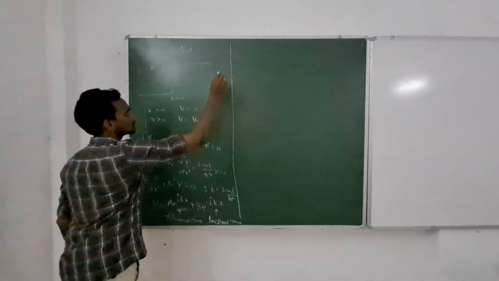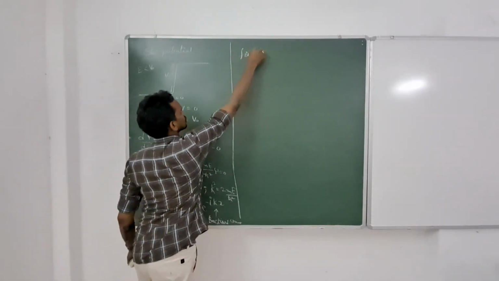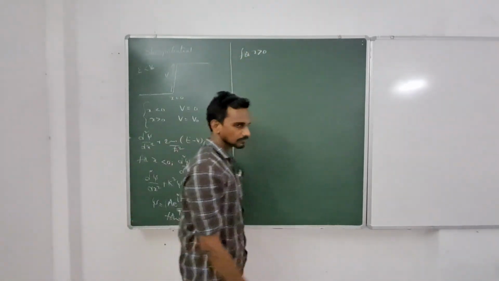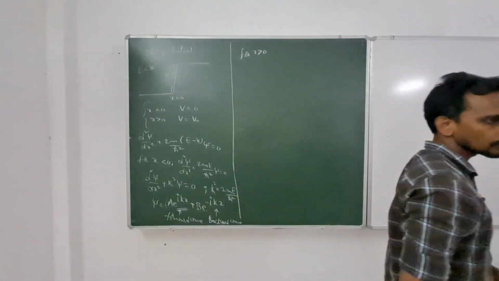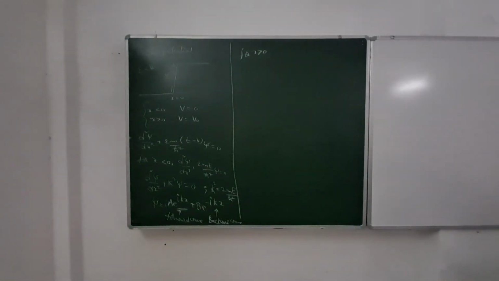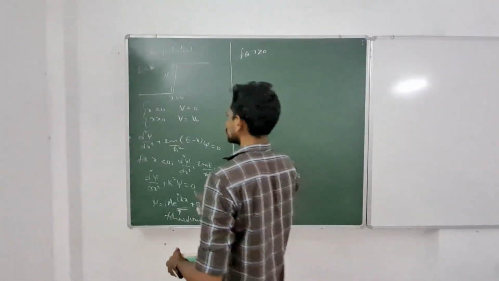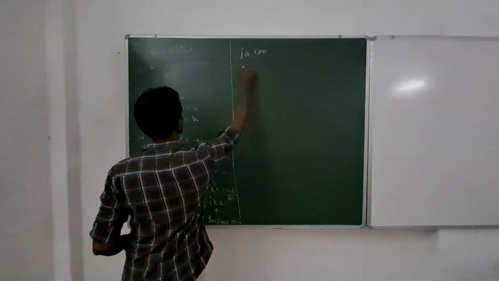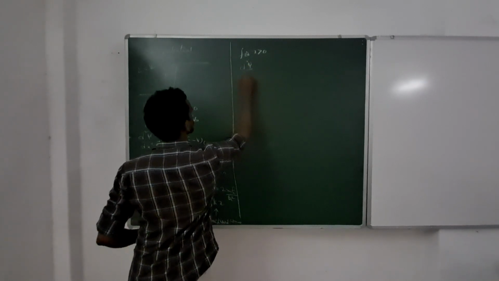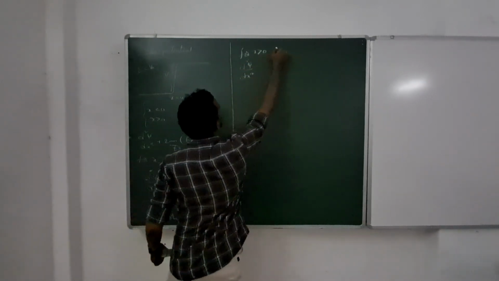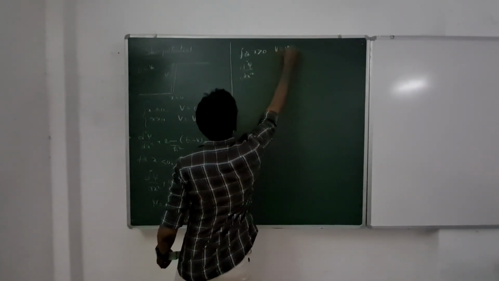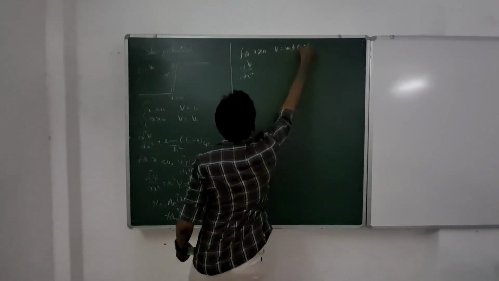And coming to region 2. In region 2, the Schrodinger equation becomes this. In region 2, V is equal to V0 and E is less than V0.